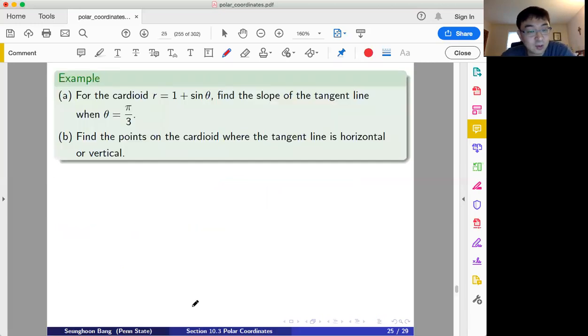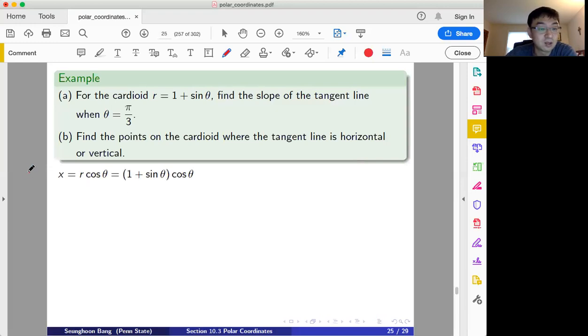The next topic. So we think about this problem. For the cardioid r equals 1 plus sine theta, find the slope of the tangent line when theta equals pi over 3. Then find the points on the cardioid where the tangent line is horizontal or vertical. So we use this kind of thing. First, you can use the relation: x is always r times cosine theta.